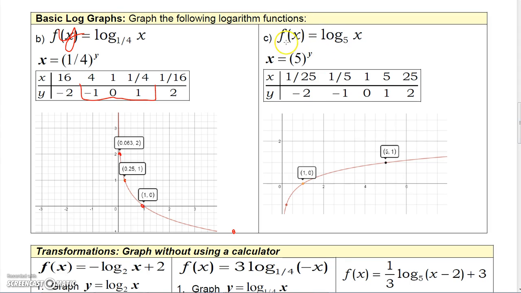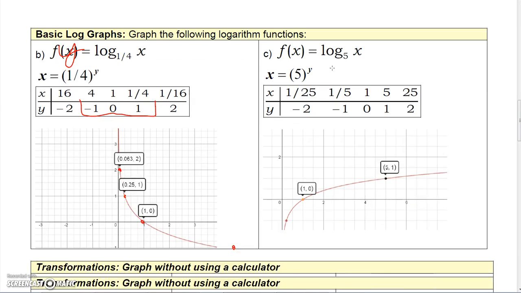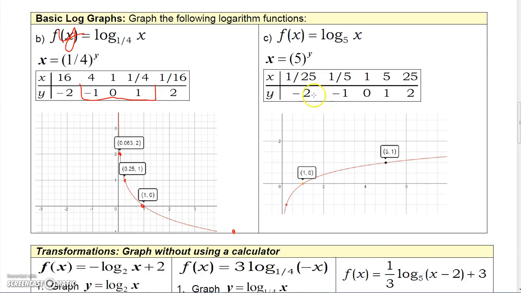This one, y equals log of x base 5, I can write it as x equals 5 to the y, and it's going to look a little bit like the log of x base 2, but notice it's going to flatten out a bit quicker. If you plug values in for y like -2, -1, 0, 1, and 2, you'll get 1/25. So if y is -2, x is going to be very small.